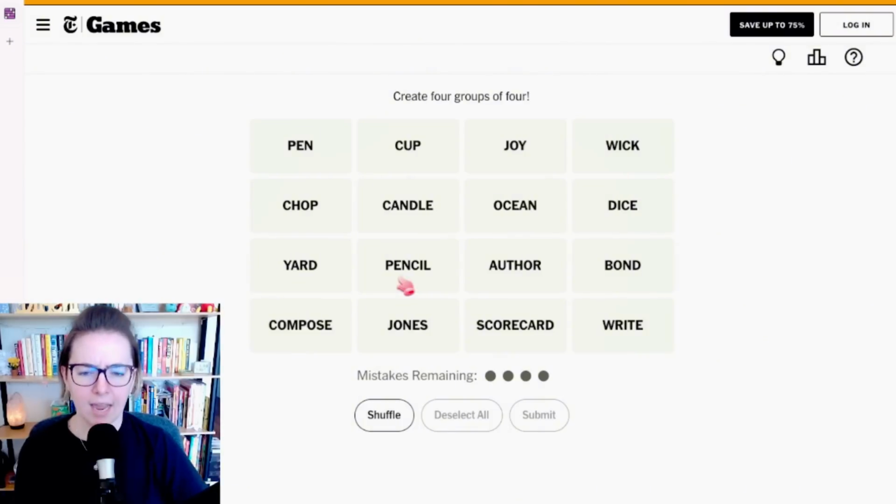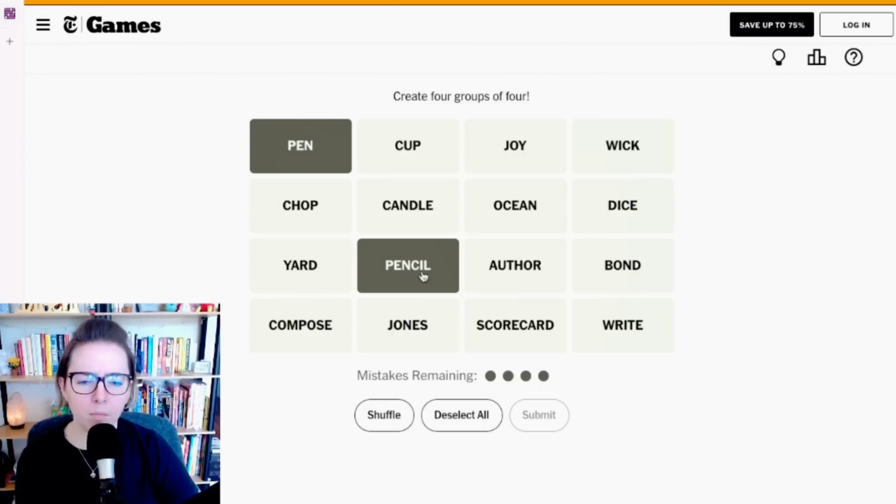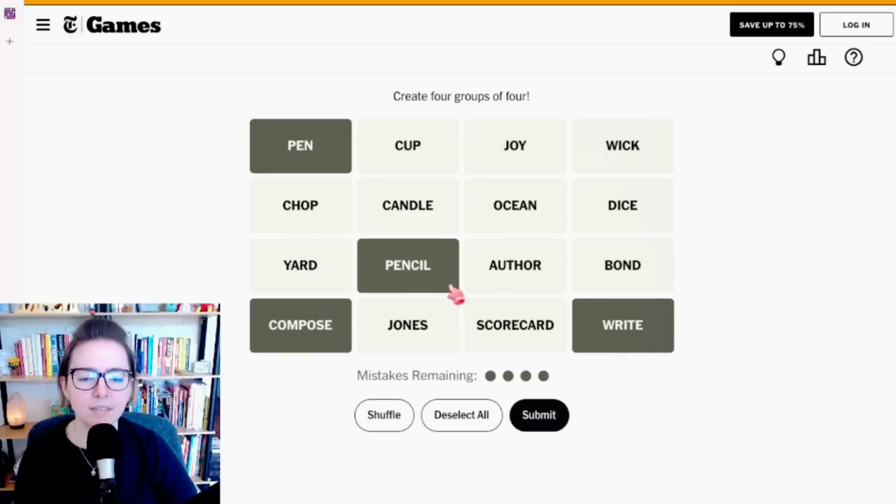So I'm looking at this puzzle and I see a connection between pen and pencil, but I don't see other things you can write with. There's other things that are similar, like compose and write.